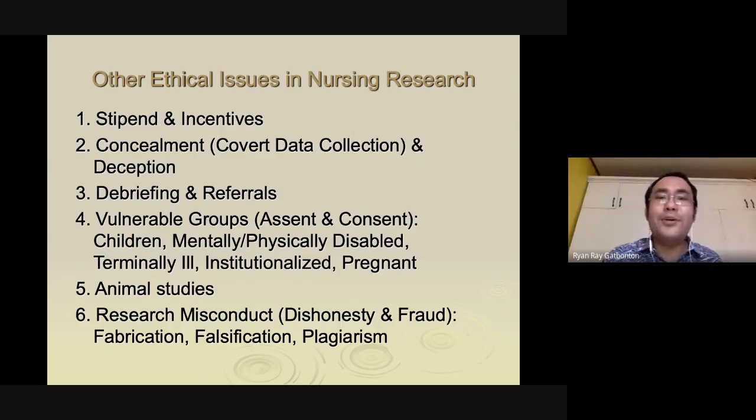Falsification is the alteration of your data. This is wrong because it defeats the purpose of truthful research evidence, as well as plagiarism, which is copying other people's work as if it is your own. All right. So the practice of research also revolves mainly on the principle of veracity or truth telling, right?